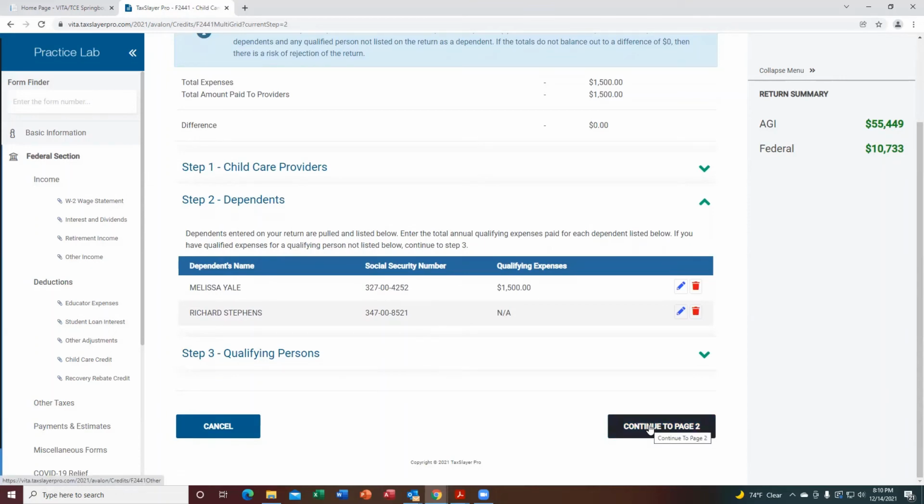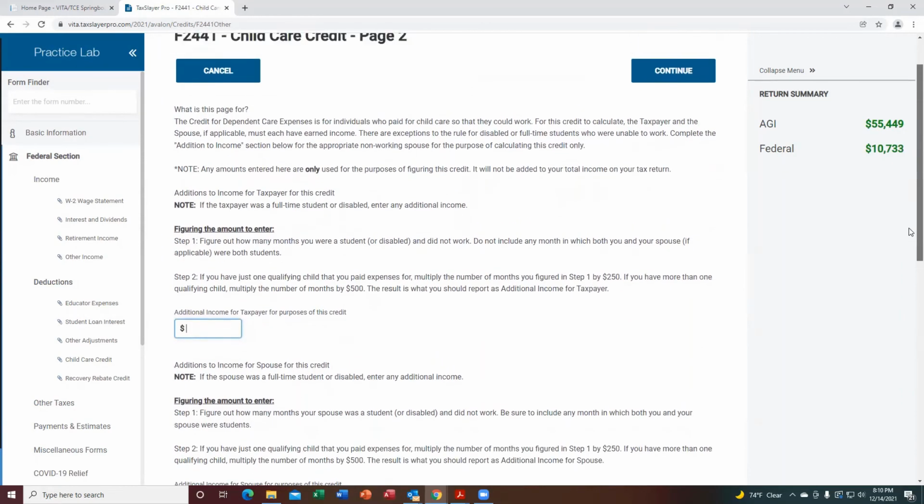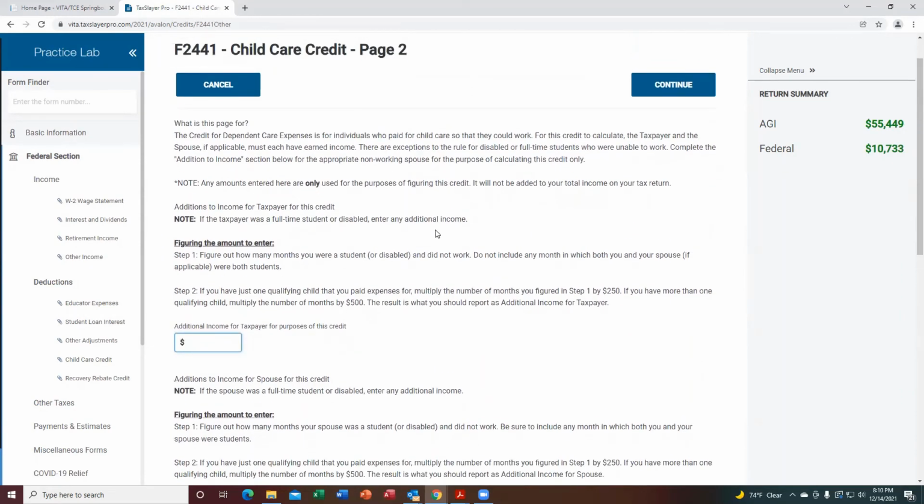Continue to the second page. Now the second page is only for the purpose of this area allows if, for example, one of the primary taxpayers did not work. However, they went to school. They were taking classes at Texas Alamos College.